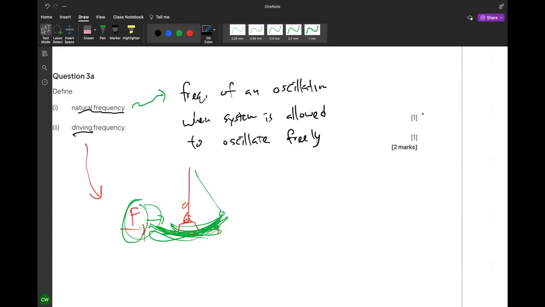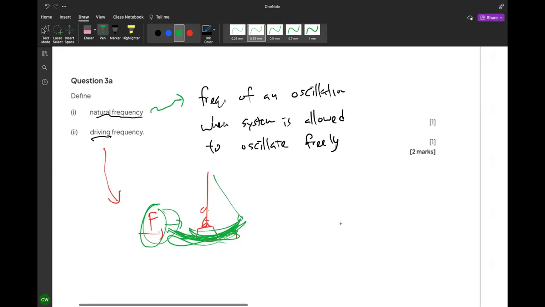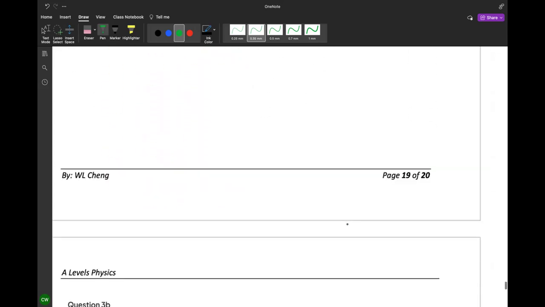The frequency of oscillation when the system is applied to an external force. So you have to talk about the applied force. Frequency of system due to applied force.